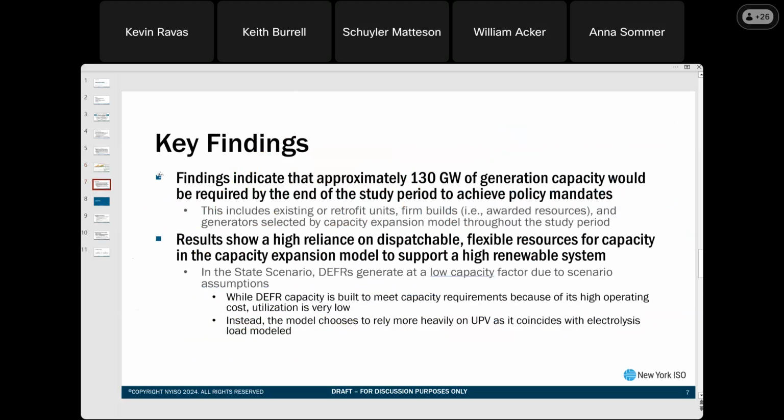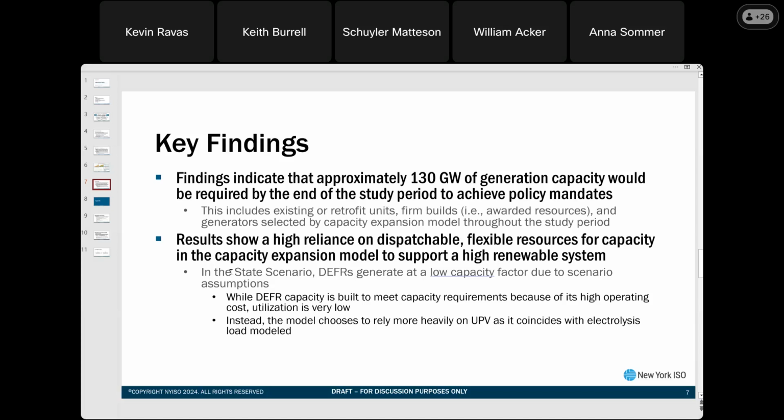what the model is indicating is that we'll need approximately 130 gigawatts of generation capacity by the end of the study period to achieve these policy mandates. And this includes both existing and retrofit units. It's the firm builds from awarded contracts, and it's generators that are selected by the model specifically for expansion.